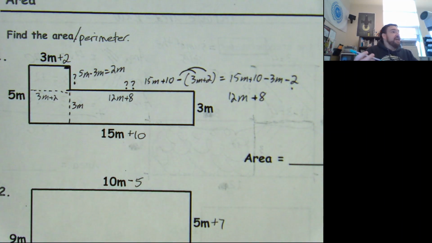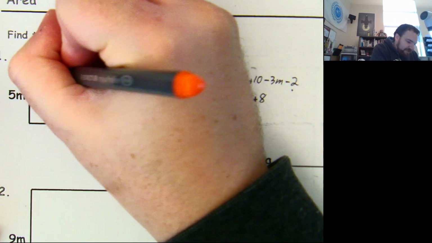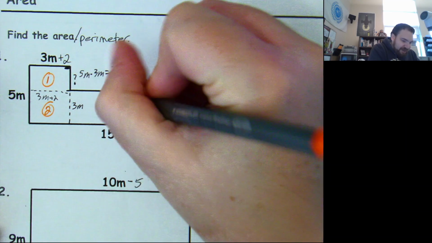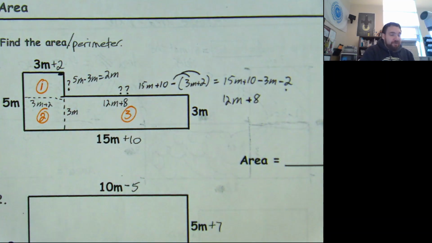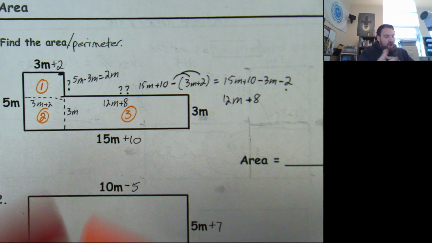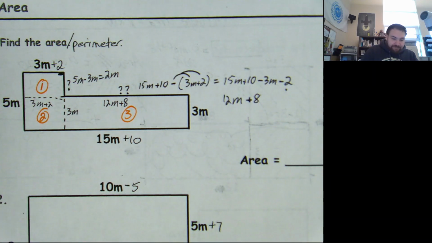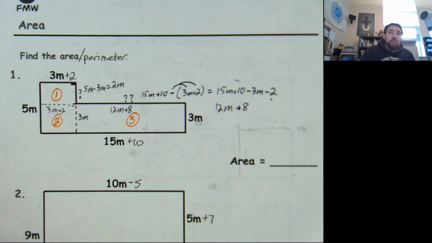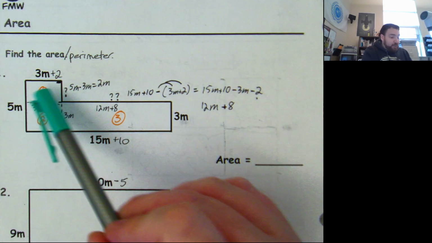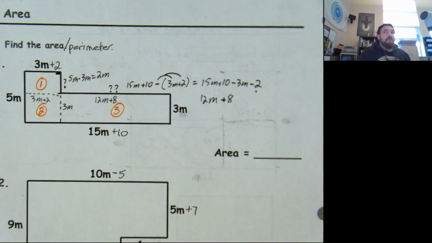Now, I shaded in the previous ones. You don't have to shade. We could just label these shapes with numbers. I'll call these shapes 1, 2, and 3. I drew both lines, so I may as well do 3 shapes here, and I've got all of the side lengths. Now, let's do the area first. What we're going to do is find the area of each one of these 3 shapes and add them up.